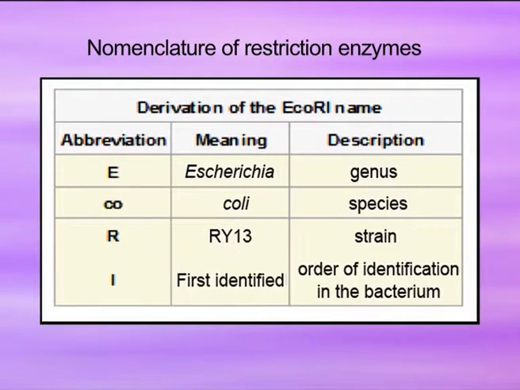Hence the nomenclature for all other enzymes discovered follows the same pattern. Hence, the EcoR1 name is given to this particular RM, or restriction modification, enzyme.